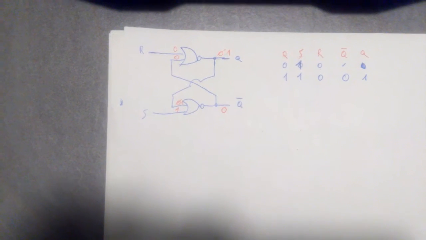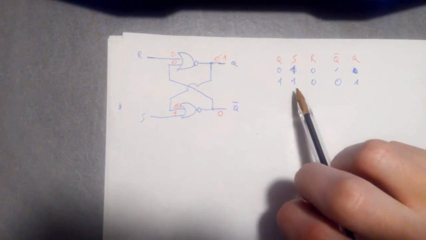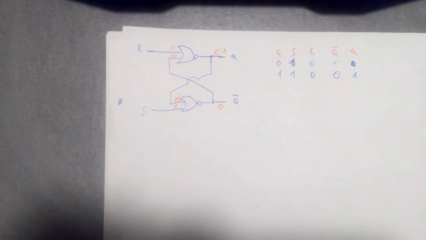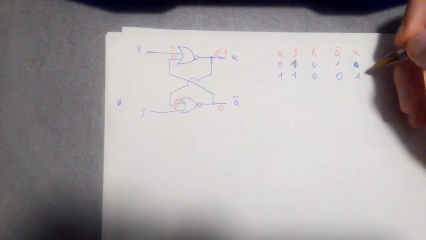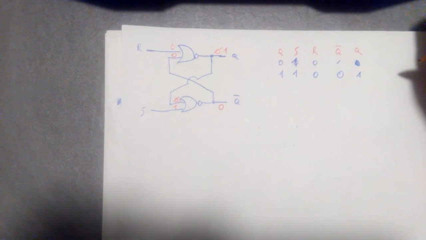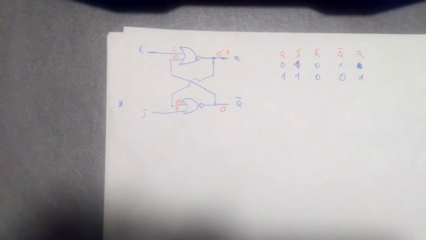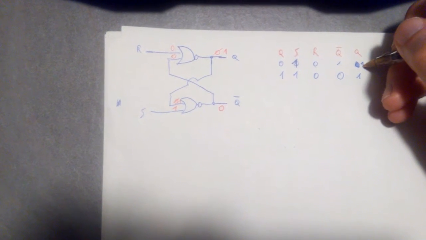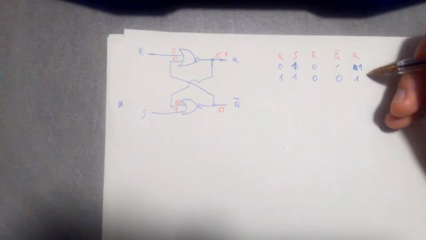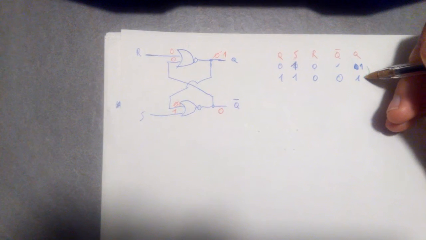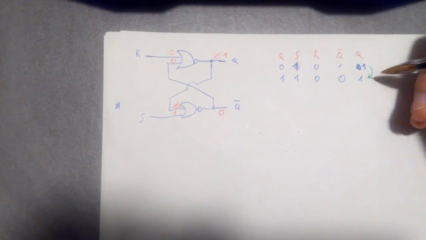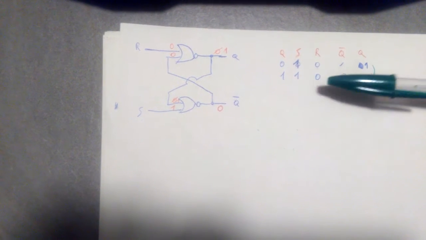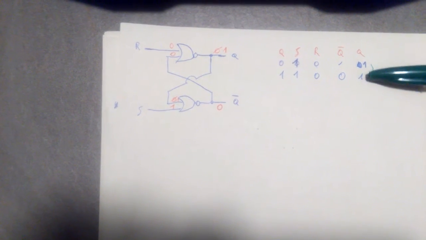In this case, when we have set as 1, you can basically see that Q is just going to stay high. So it doesn't matter, as long as set is high and reset is low, Q is going to stay high.